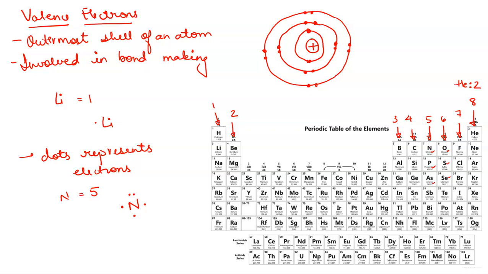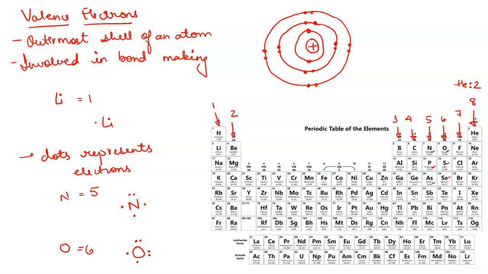Okay, let's try another one. We'll do oxygen. How many valence electrons in oxygen? We have 6. So how would you draw the distribution of 6 electrons around oxygen? 1, 2, 3, 4. Now each side has a single electron, so I'm allowed to start pairing them up. 5 and 6.